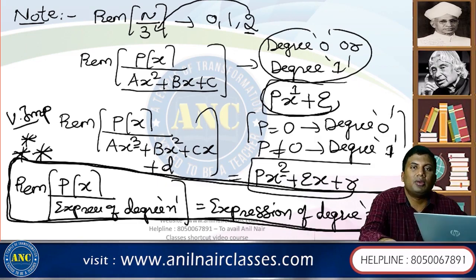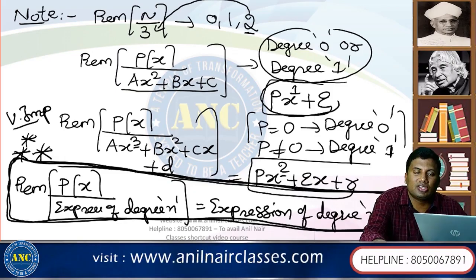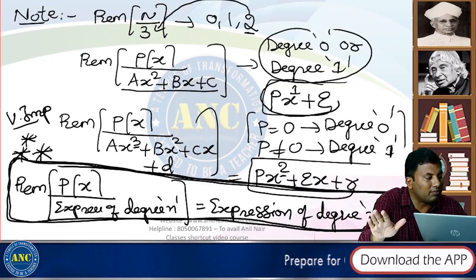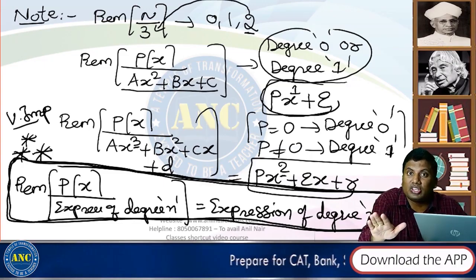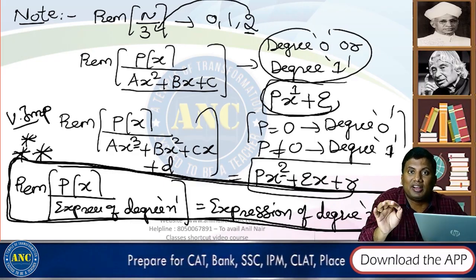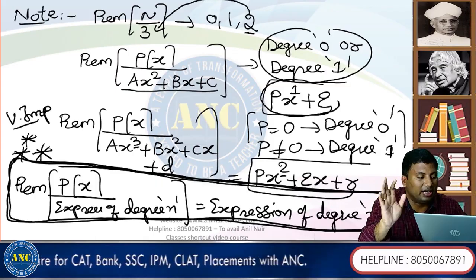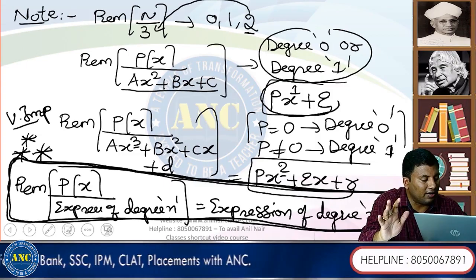When a polynomial function is divided by an expression of degree n, the remainder will be an expression of degree n minus 1. All the problems I am solving are based upon this. I hope the concept is clear up to here. Now I will take a lot of questions so that you understand the key point in detail.